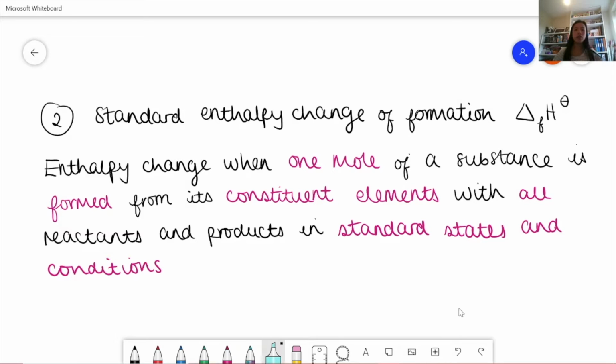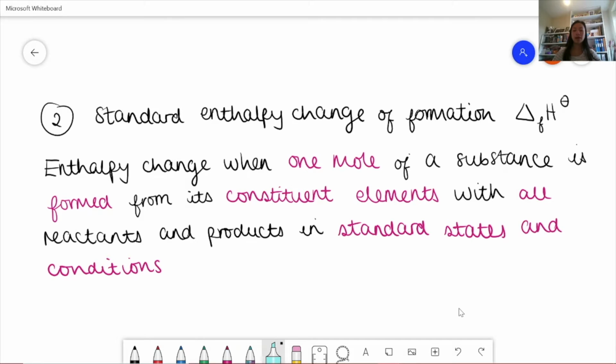The second standard enthalpy is the standard enthalpy change of formation. And like the one for combustion, it looks quite similar, but there's an F instead of a C. And the definition of this one is the enthalpy change when 1 mole of a substance is formed from its constituent elements with all reactants and products in standard states and with everything measured in standard conditions.